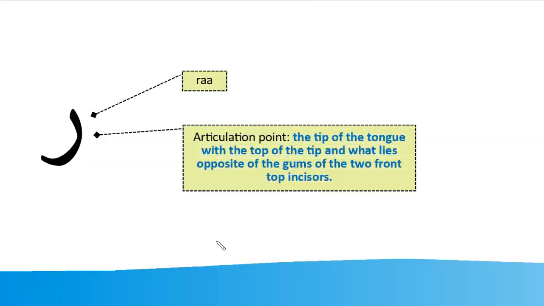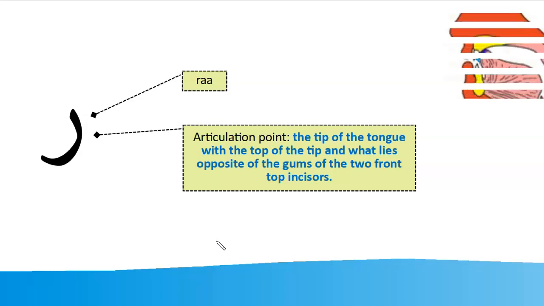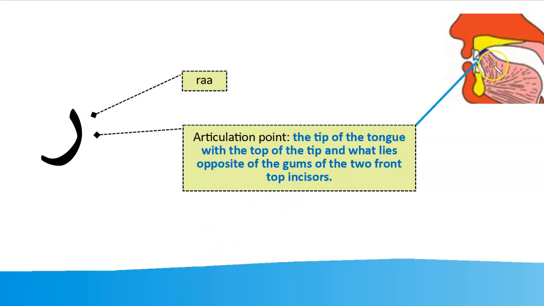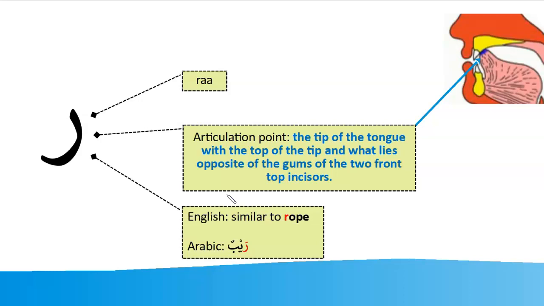Up next is raw. It's pronounced using the tip of the tongue with the top of the tip, and what lies opposite this region of the gums of the two front top incisors, like so. It's like we're using two regions to make contact with the opposite sides of the gums, and it's why we are able to roll the raw sound.